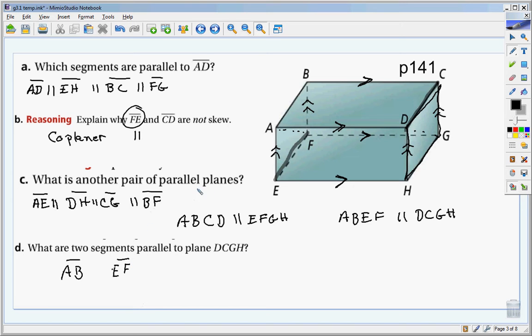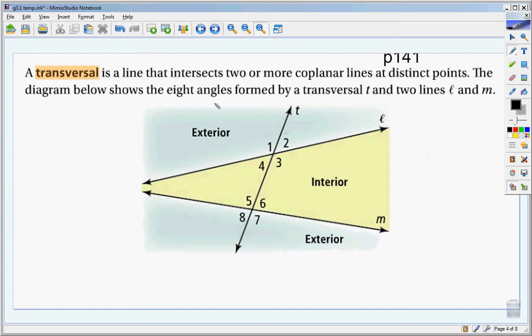Everybody understand the concept of parallel lines, parallel planes, and what it means to be skew? Okay. Page 141 then.